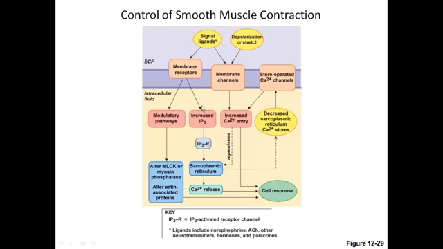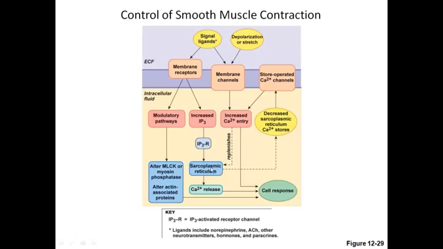Another pathway that gets activated is the IP3 pathway. So remember, IP3 is a common second messenger for G protein coupled receptors that we talked about a few chapters ago. Increased IP3, so we have an increase in second messenger, binds to its receptor, the IP3 receptor, on the sarcoplasmic reticulum.